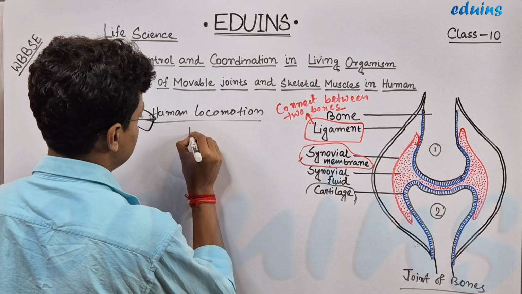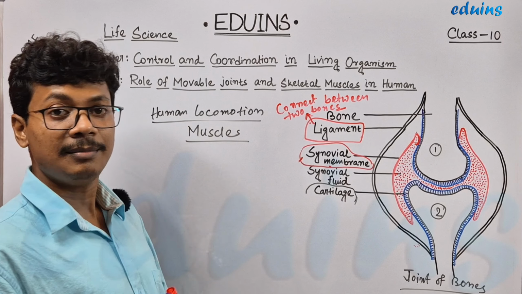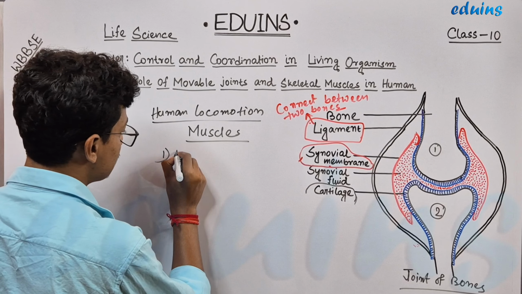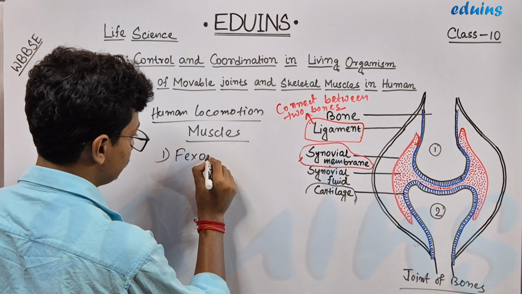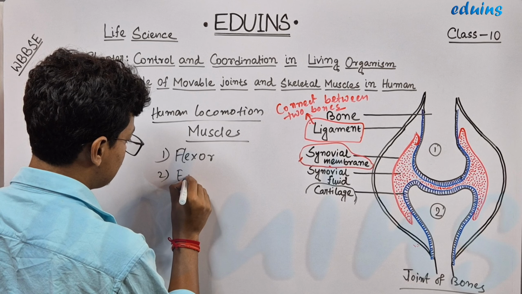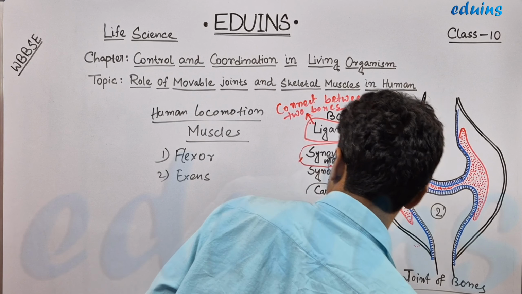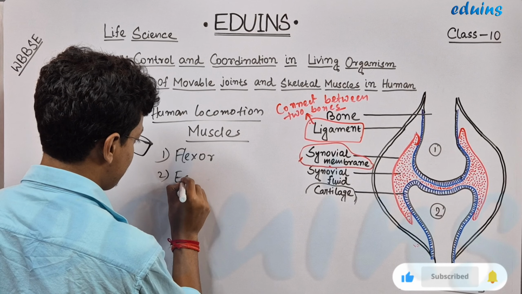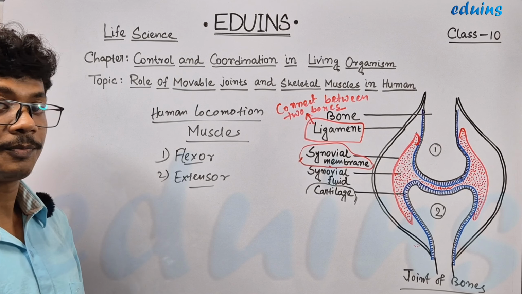Next, the muscle. What are the muscles? First muscle which helps in locomotion is the flexor, and next one is the extensor. What are those?